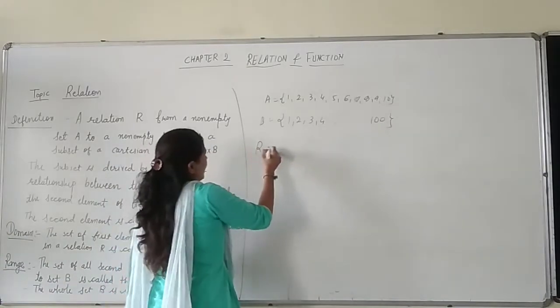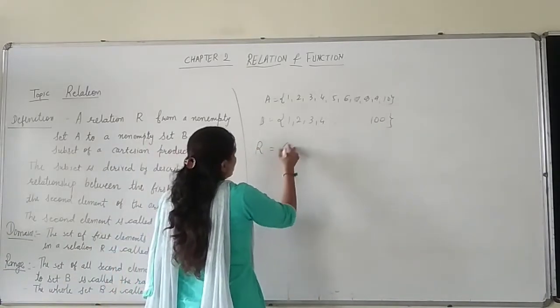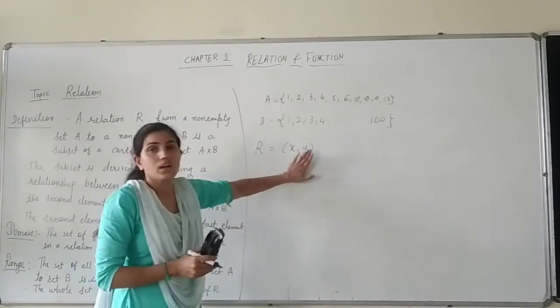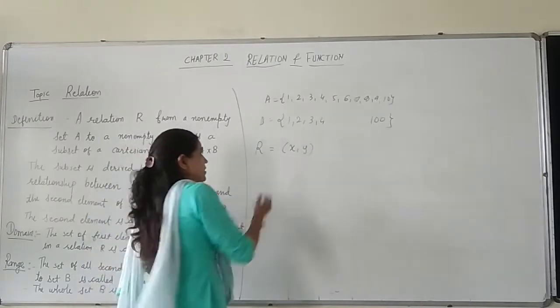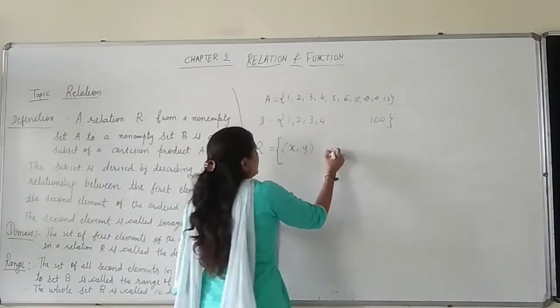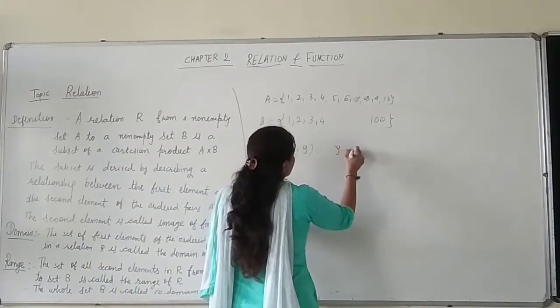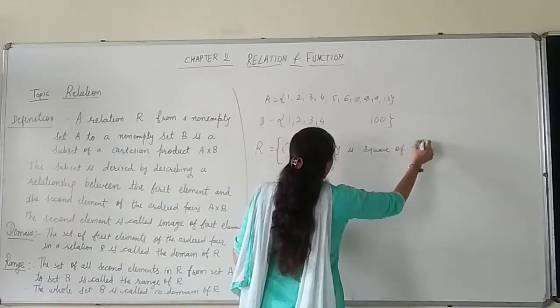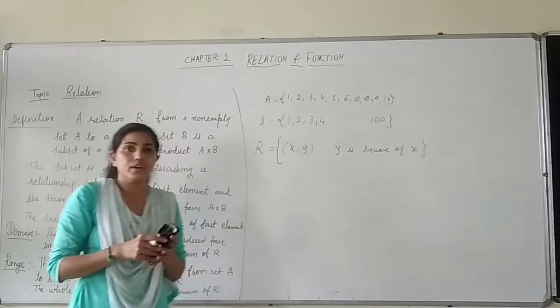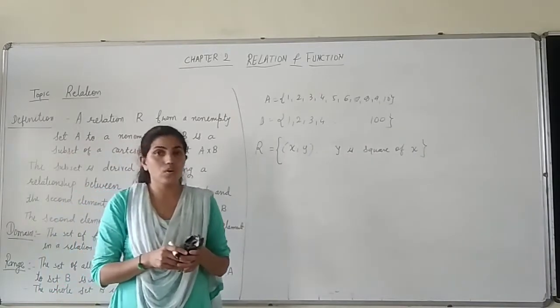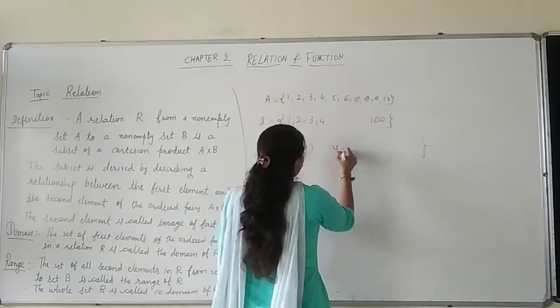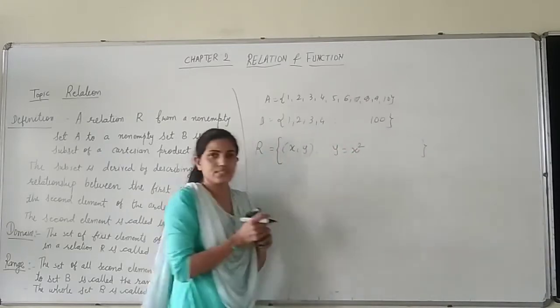Let me write R equals (X, Y), because a relation is an ordered pair, where Y is the square of X, or Y equals X squared.